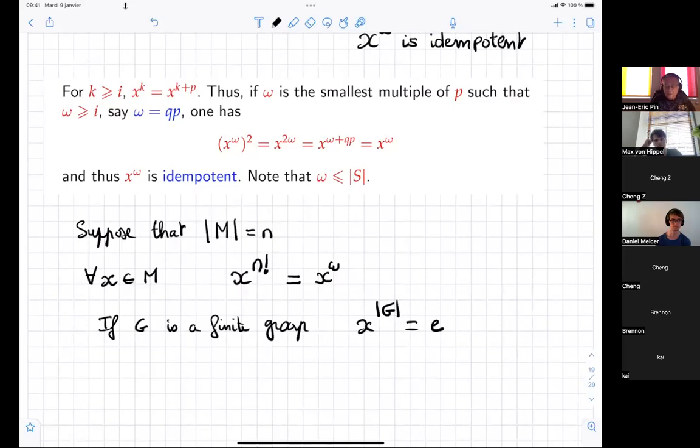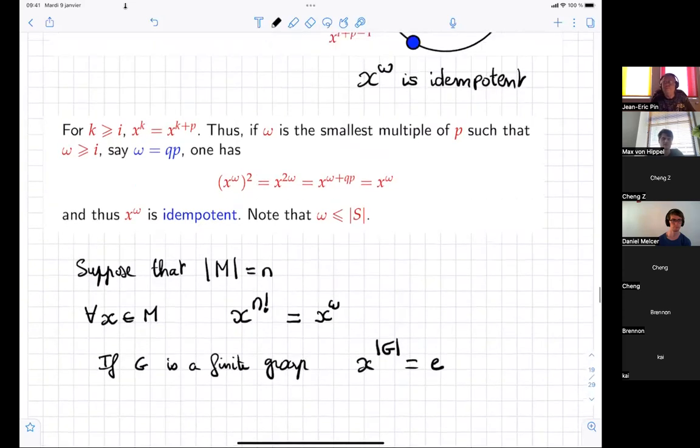Now, n factorial is certainly a multiple of the size of the group. So we just proved this.